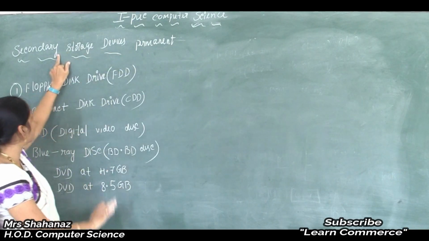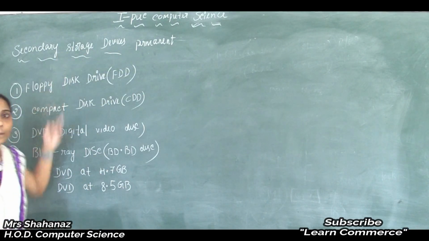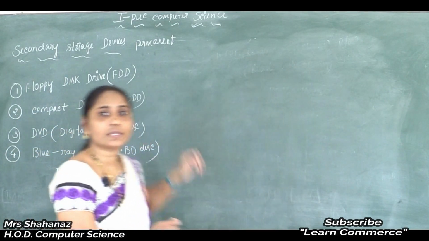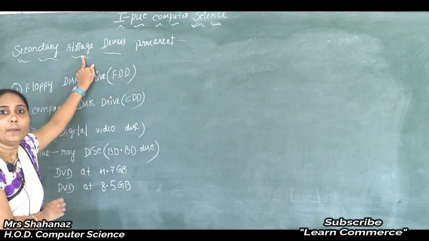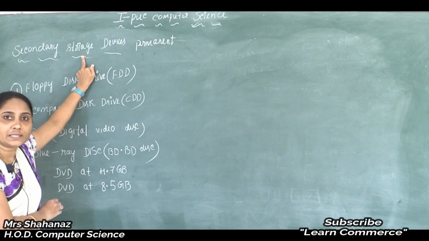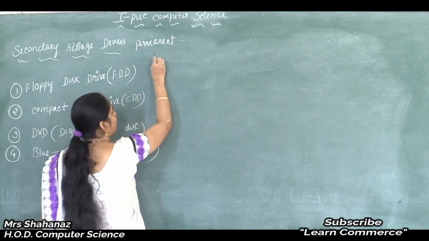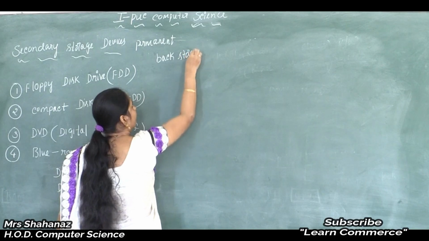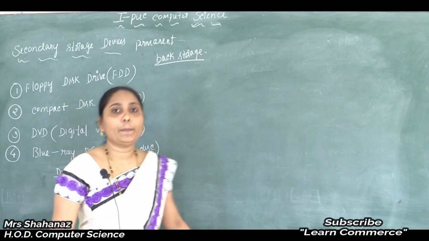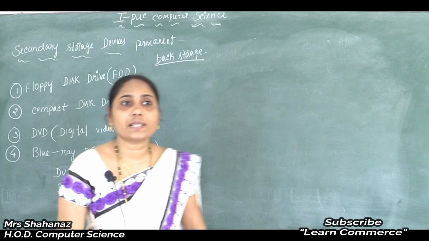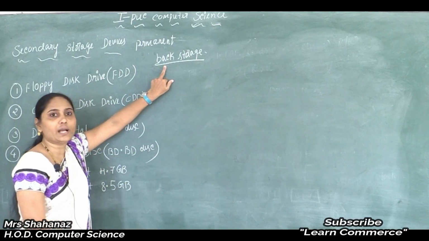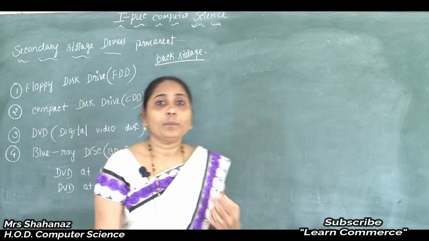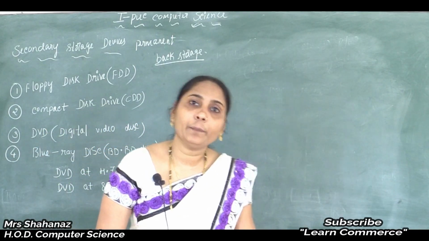So when you compare primary memory and secondary memory, the secondary memory is slow compared to our primary memory, and secondary memory is also called the backup storage. Backup storage is the other name of the secondary memory, and it has much larger capacity than primary memory.